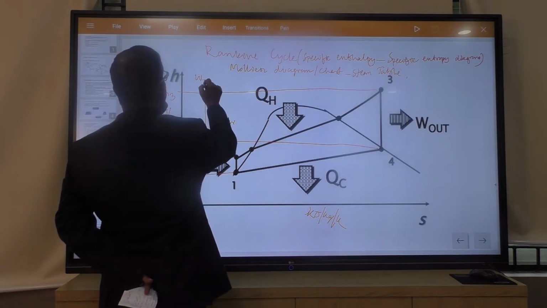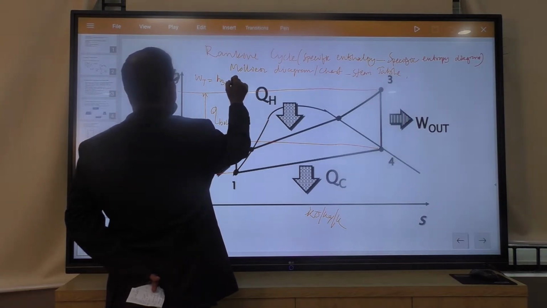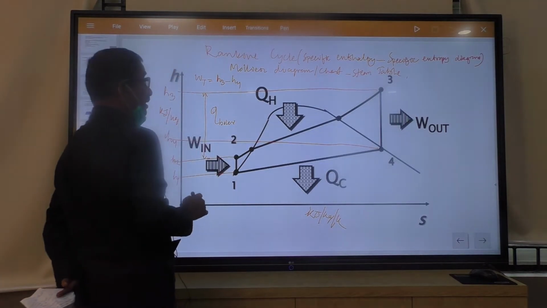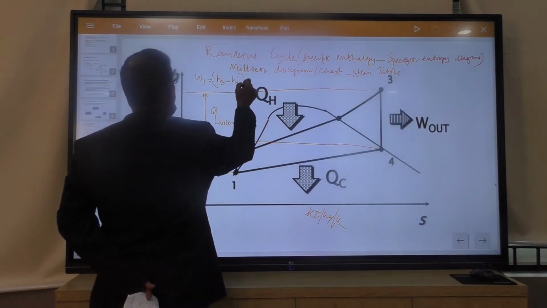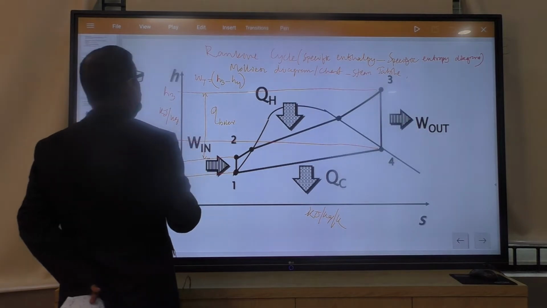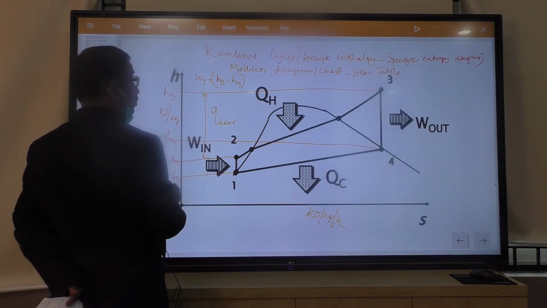You can directly get Wt is equal to H3 minus H4. So by this diagram, within very few minutes you will be able to solve the problem from this Mollier chart.